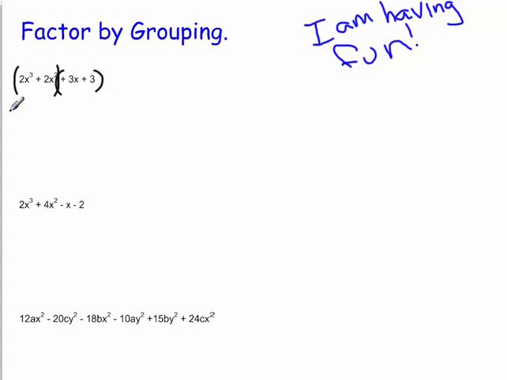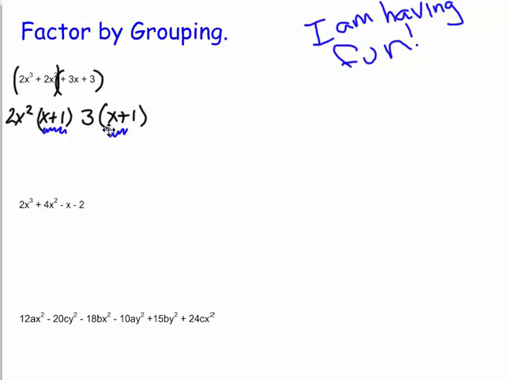This is 2x squared, and I'm left with just an x plus 1. And over here, my greatest common factor is 3, and I'm left with just x plus 1. And just like we talked about earlier today, the important thing when we're factoring by grouping is that these are the same.